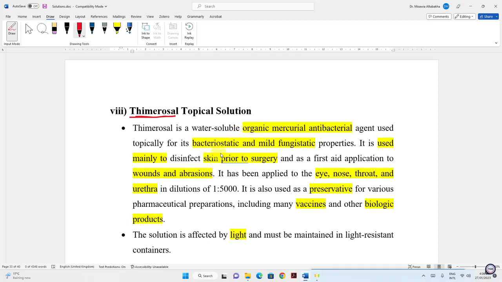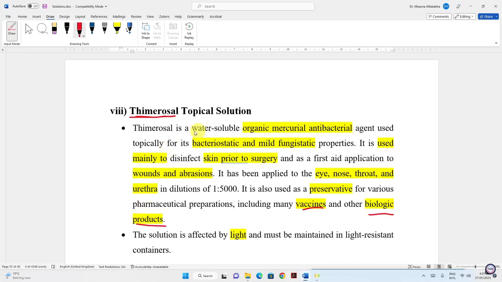It's antibacterial and it's also a mild fungistatic agent. It has this property, so it doesn't allow bacteria to grow and also the fungi to grow. Also this has been used as a preservative in vaccines and other biological products.